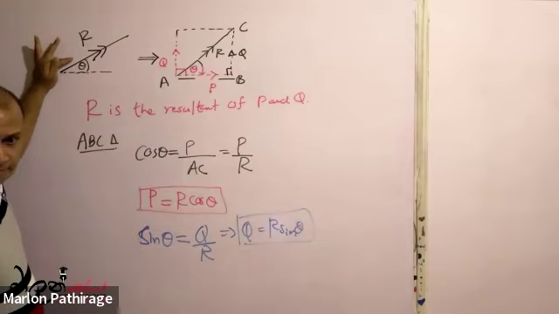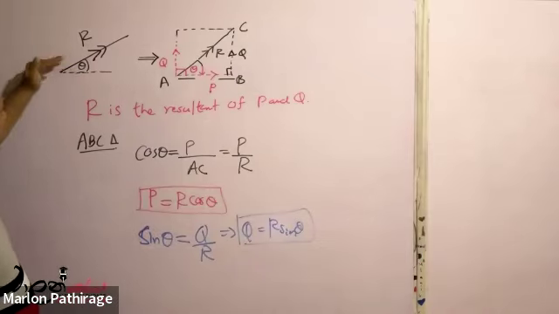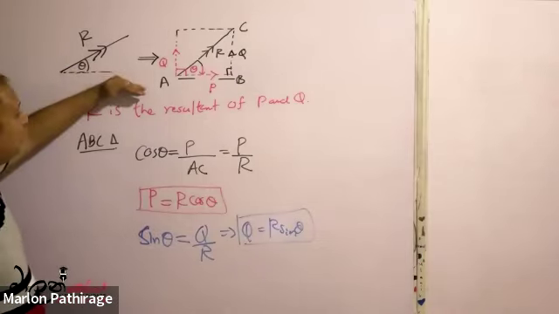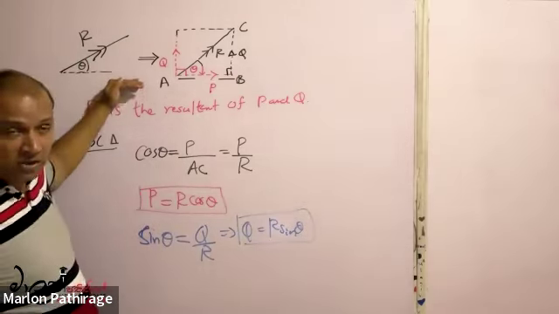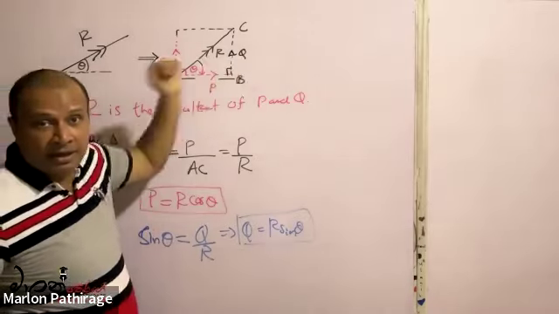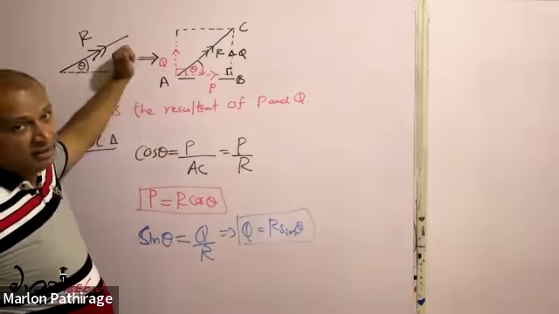This one is R. R makes angle theta with the horizontal. Now I am going to resolve this R into two perpendicular components, one in the horizontal direction, the other in the vertical direction.